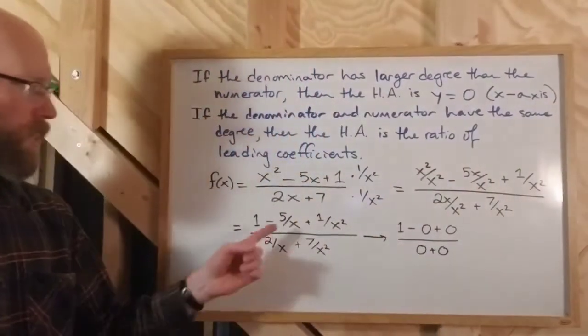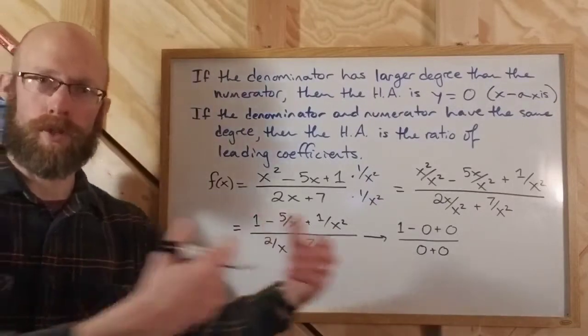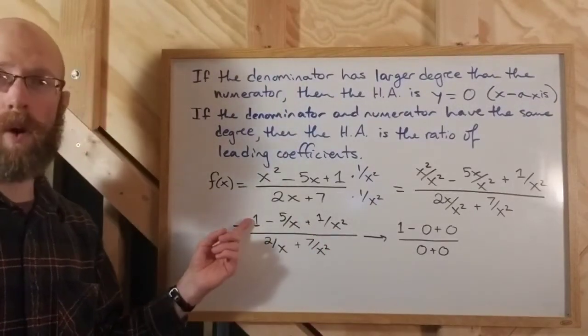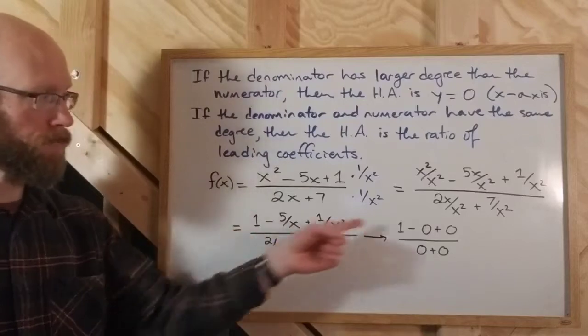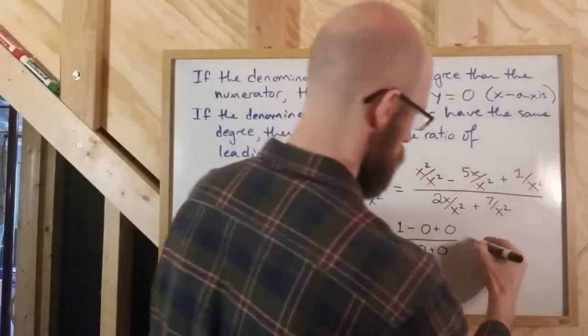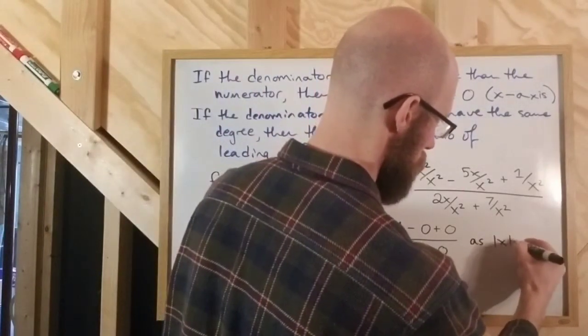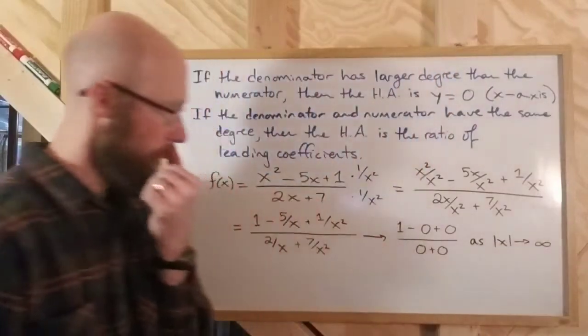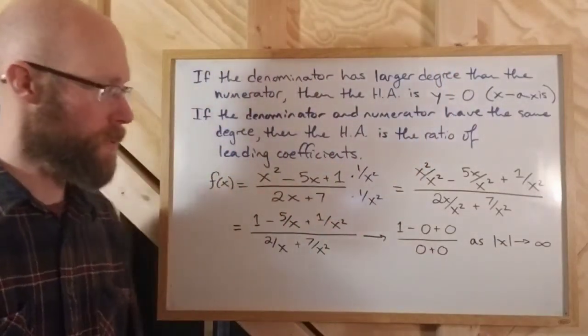Everything that has an x on the bottom will approach 0, but this 1 doesn't have that x on the bottom. That occurs as absolute value of x approaches infinity, or x approaches plus or minus infinity.